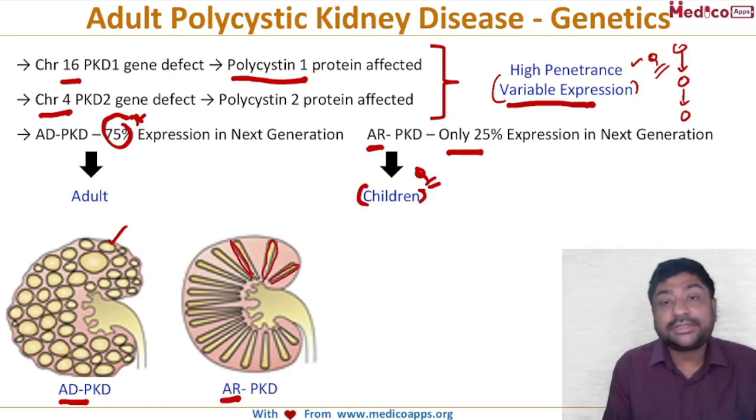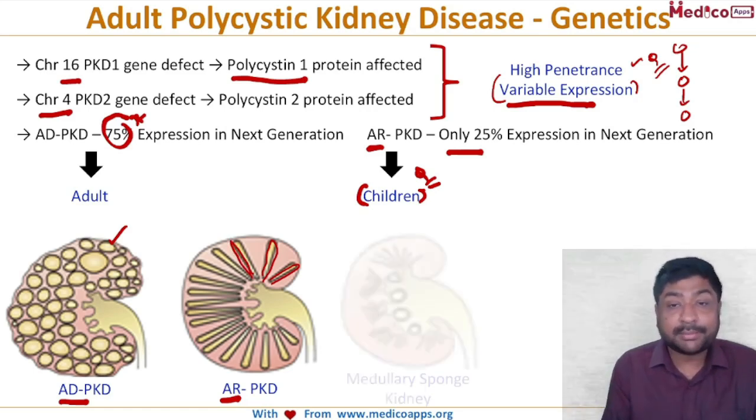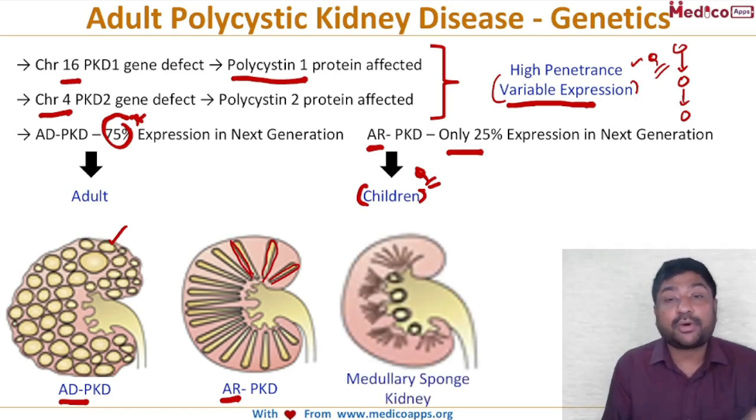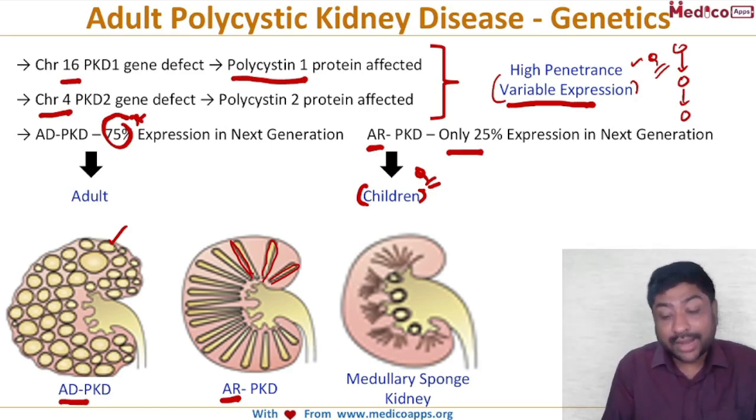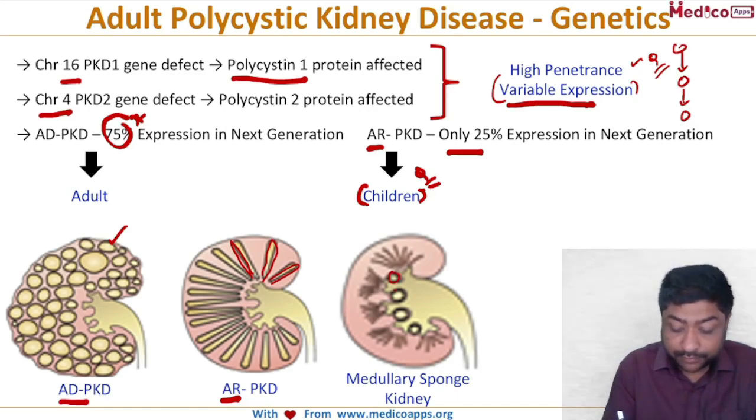The third condition where cysts can be present is called medullary sponge kidney disease. Medullary sponge kidney disease is a congenital disorder, and here there is a cystic dilatation of the collecting tubules. It can happen in one kidney or it can be bilateral. The fluid-filled sacs are in the tubule and they are within the medulla, so here they will be inside the kidney.